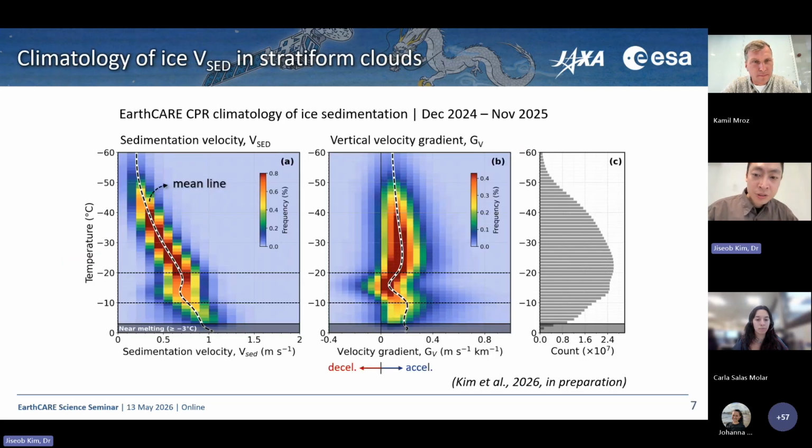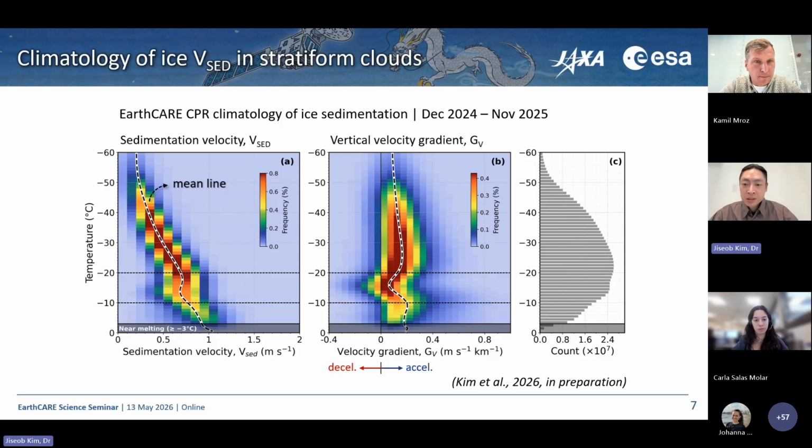So what you see here is a 1 year climatology of ice sedimentation velocity in stratiform cloud. The left panel shows the sedimentation velocity, and the right panel shows the vertical gradient. Overall, as the temperature increases from -60 to 0, the sedimentation velocity also gradually increases.